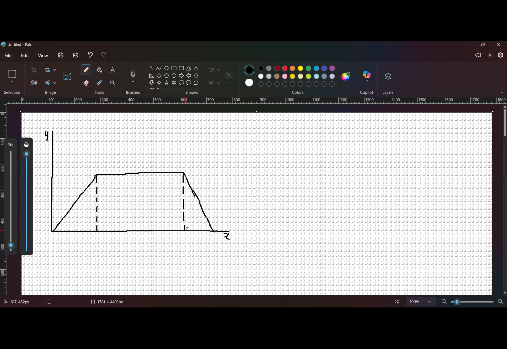Okay. So the idea behind graphs like this is that this particular one, and I think even the other ones that fall in this category, is shaped like a trapezium. So to find the area under the graph, it's like finding the area of this triangle plus the area of this rectangle plus the area of this other triangle.